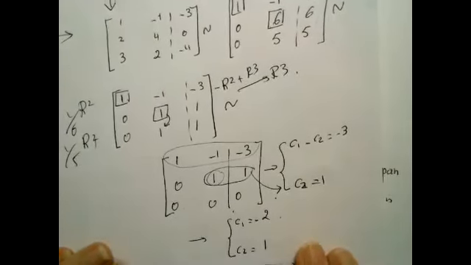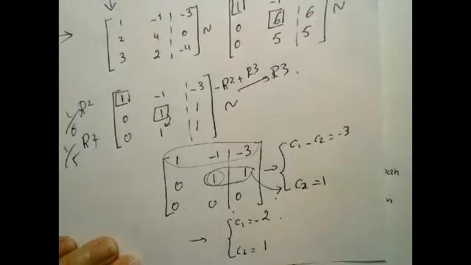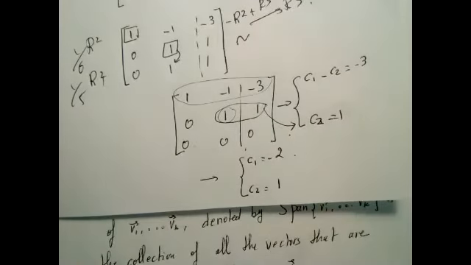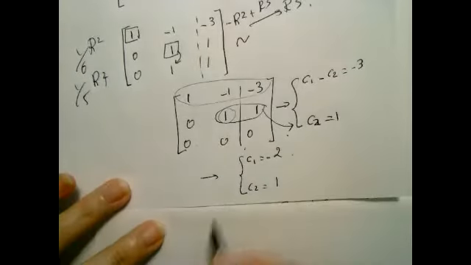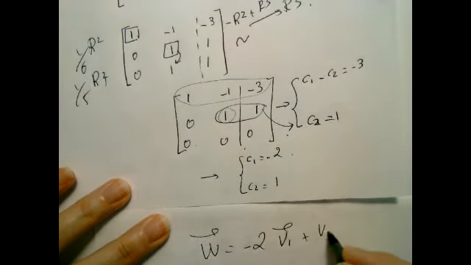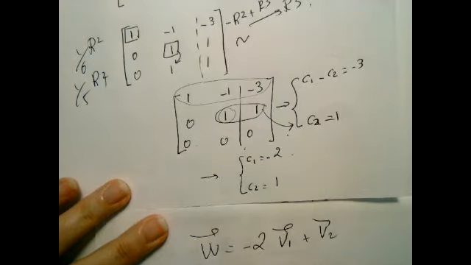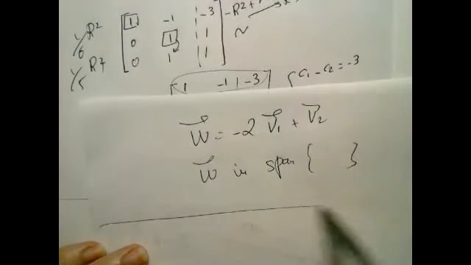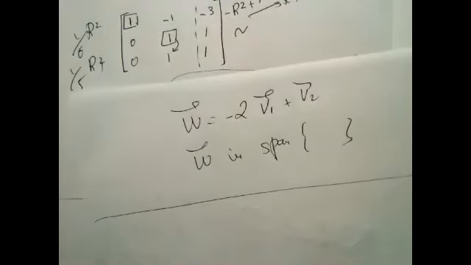What does this tell me? It tells me that the vector W is in the span, and that it's a combination: minus 2 times V1 plus V2. So that's what it means. It's in the span. It means nothing more than, is it a linear combination? That's really the meaning of the word.